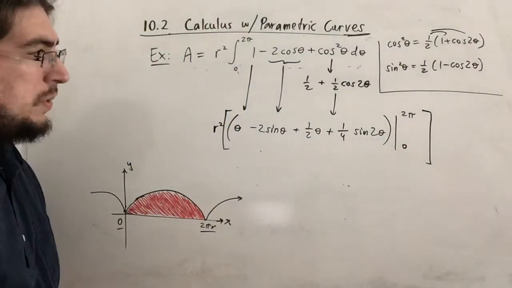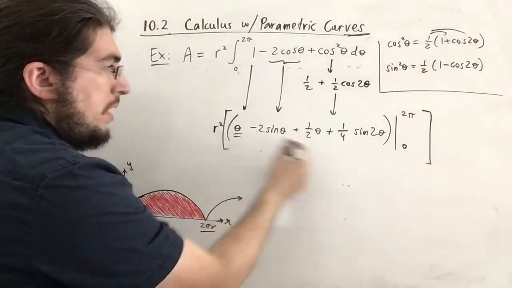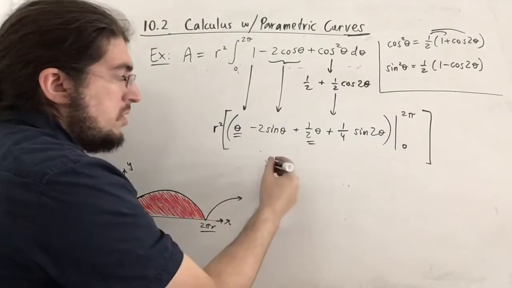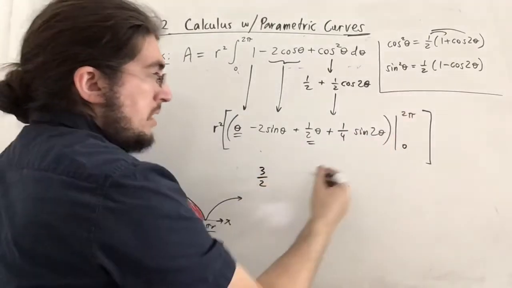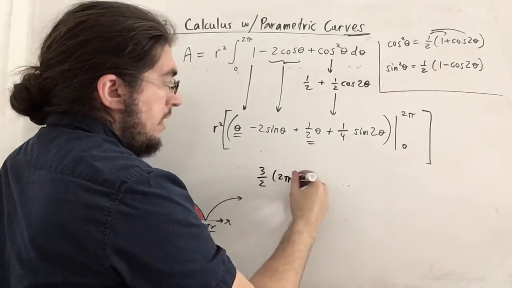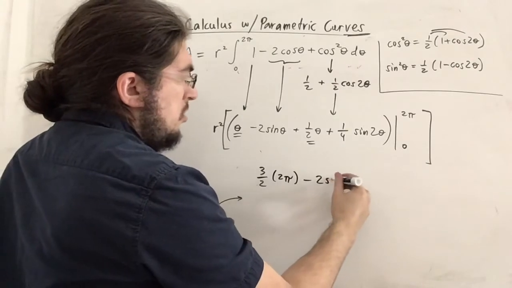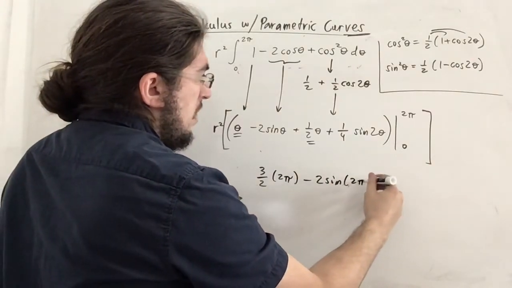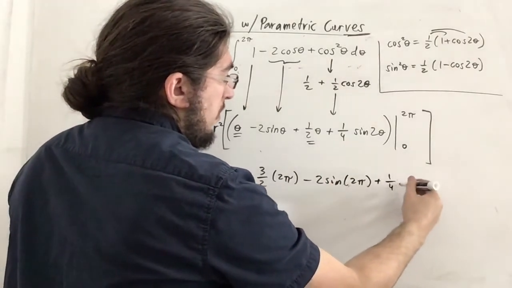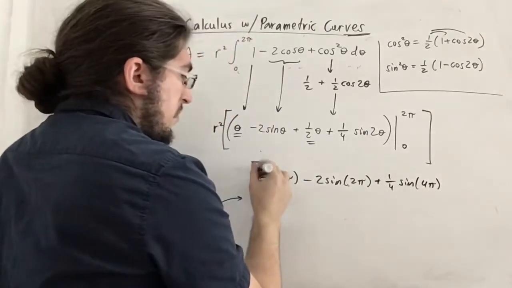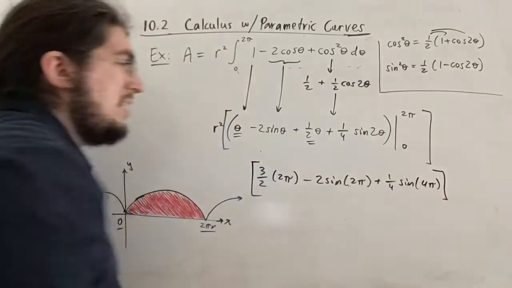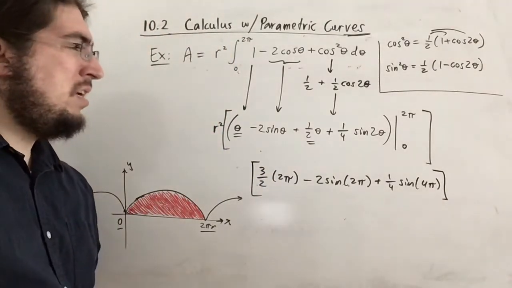So let's get on to it. Notice also that these combine to 3/2 theta. So this is going to be 3/2, plugging in the top one, so it's 2 pi, minus 2 sine of 2 pi, plus 1/4 sine of 4 pi. This is the first evaluation. The second is plugging in 0.